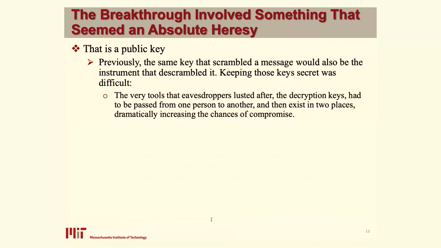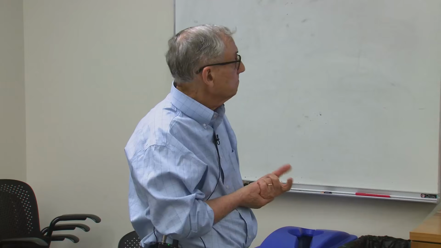Okay, so back to the big picture. Encryption, in this case, thinking about messages. We may take it for granted now, but it's relatively recent that we have this breakthrough due to Whit-Diffie's ideas. Previously, the same key machine that scrambled a message would also be the way to decipher it.